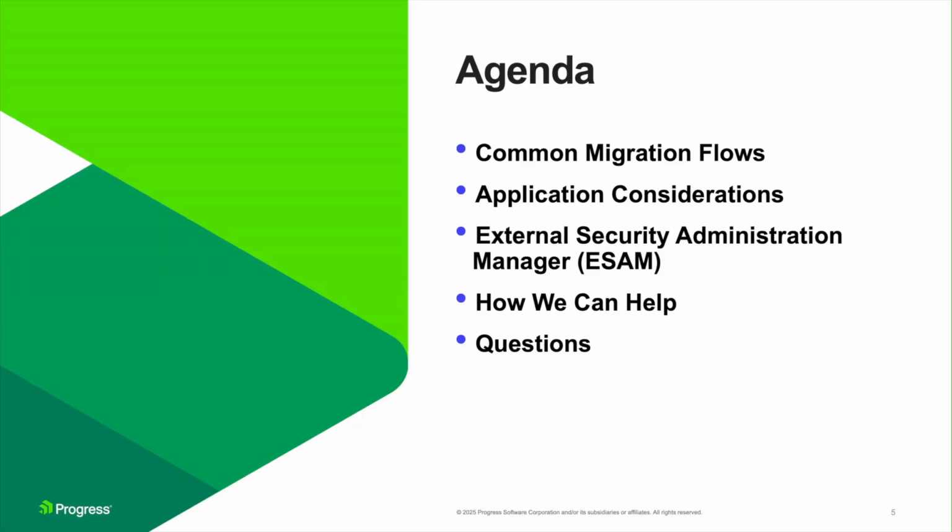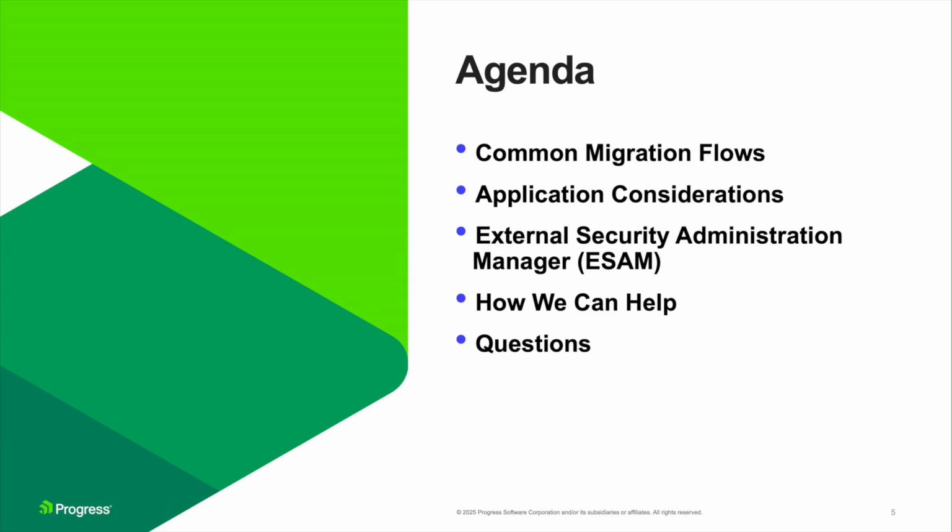Today we want to talk a little bit about upgrading your OpenEdge application to version 12, and some of the things that you might want to consider and plan for with regards to upgrading your OpenEdge application. We're going to start by looking at some of the more common migration flows. We're going to take a look at what you might want to consider prior to upgrading an application.